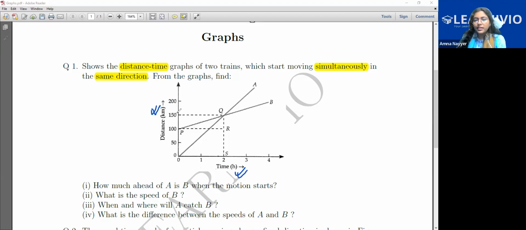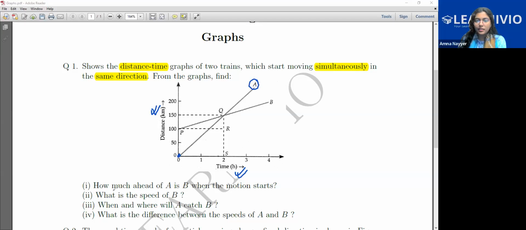Now look, the first one says this is at the origin. How much ahead of A is B when the motion starts? Look at this. This is A, so this is the graph of A. When the body starts, where is A? A is at 0, the origin, right?